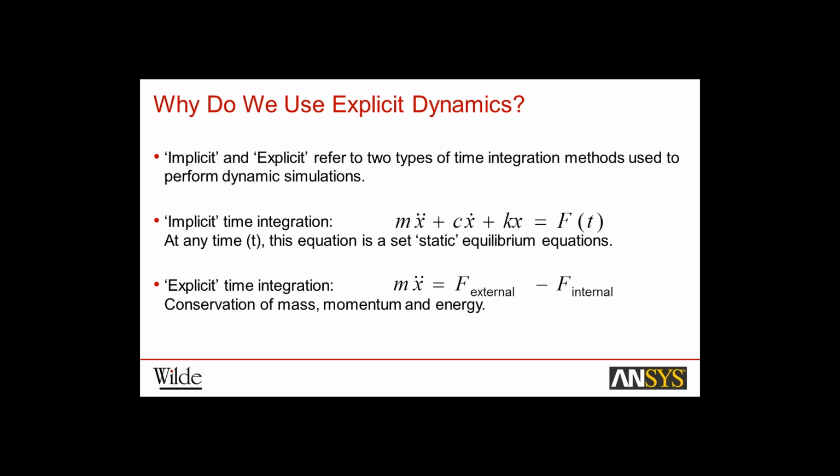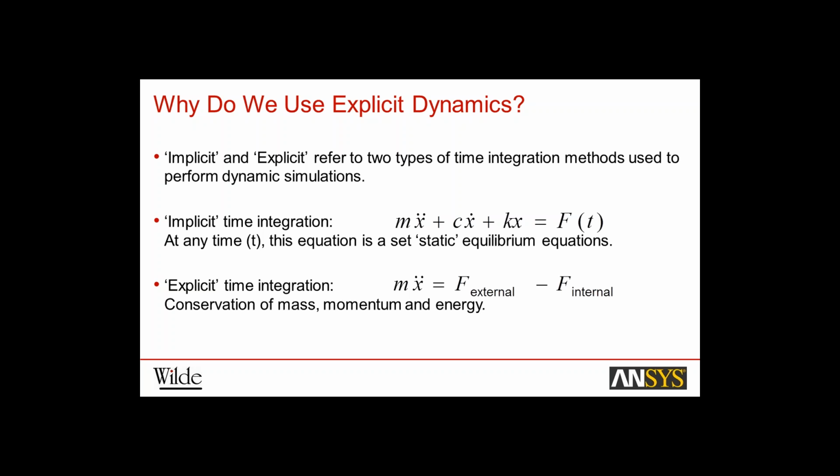If we start off by looking at implicit time integration, for a transient dynamic analysis, we're solving the equation shown at the top of the screen, where for an applied force, we can calculate the displacements based on the stiffness of the structure, and that stiffness can be non-linear, taking into account damping and inertial loads.